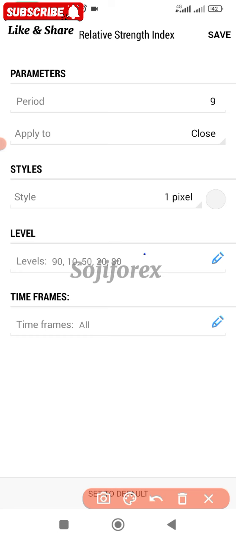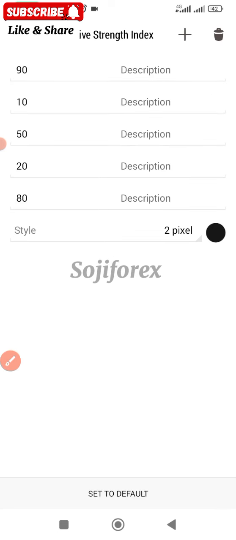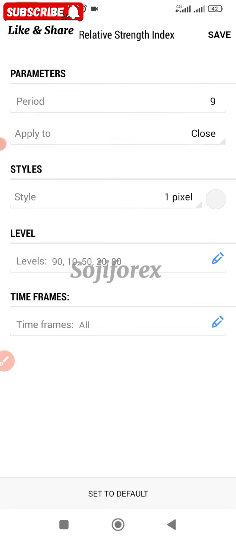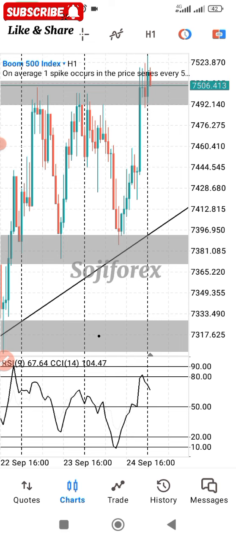And then we'll have our levels, which are 90, 10, 50, 20 and 80 respectively. After that, you save, then you come to your commodity channel index. The period is 14. You apply to typical price, high, low, close 3. The style is 2 pixel. The color is black. You can choose any color of your choice. So after you have done that, your chart will be looking exactly like mine.